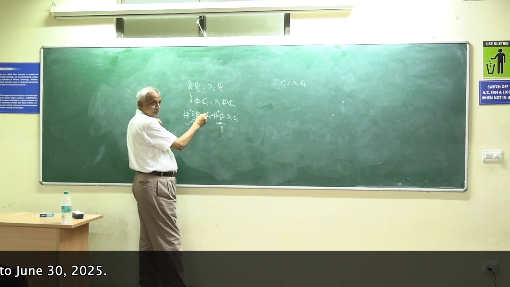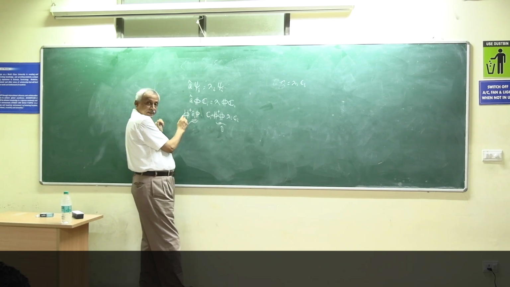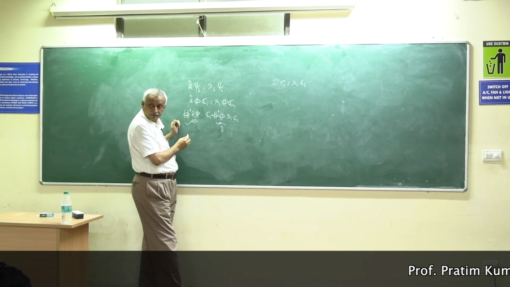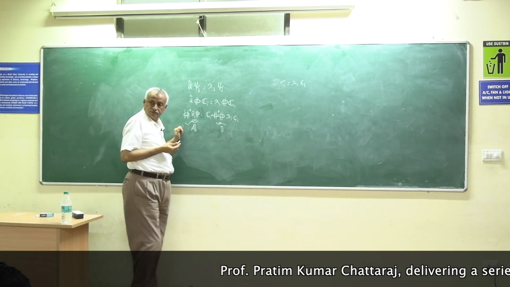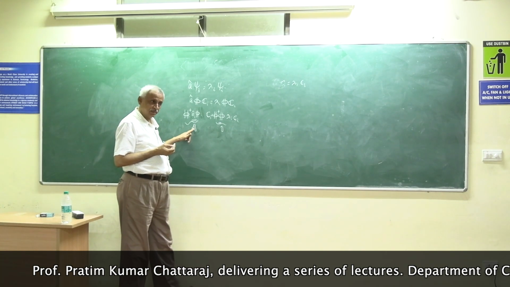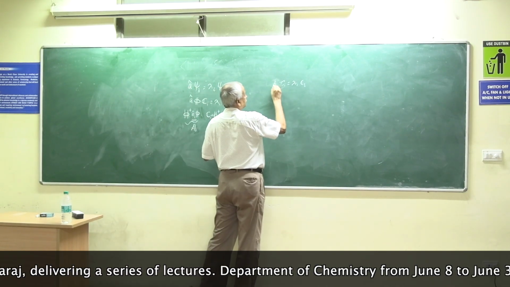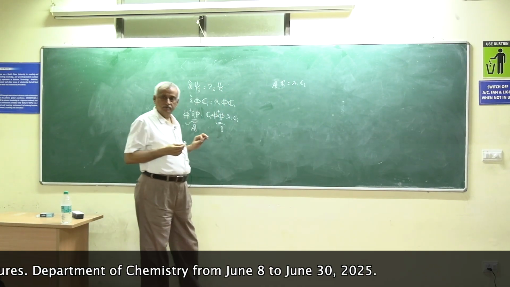So, phi dagger A phi. What is phi dagger A phi? That we have already checked. This is the matrix representation of the operator A, isn't it? That we have already checked in the last class. So, your A C_i is lambda_i C_i.